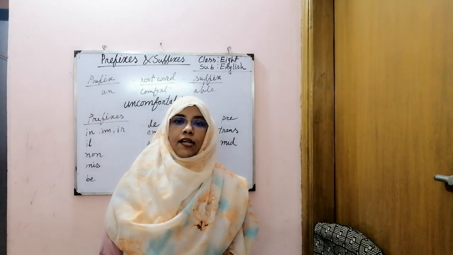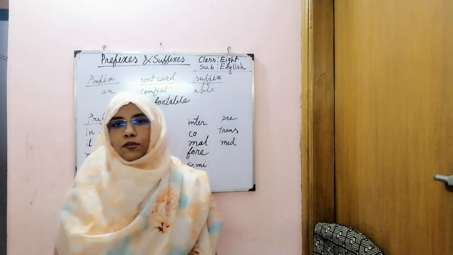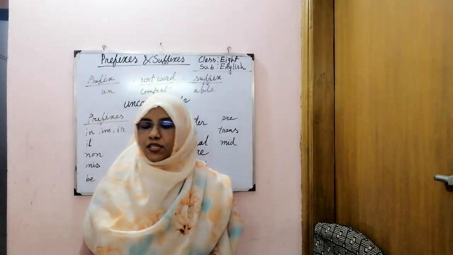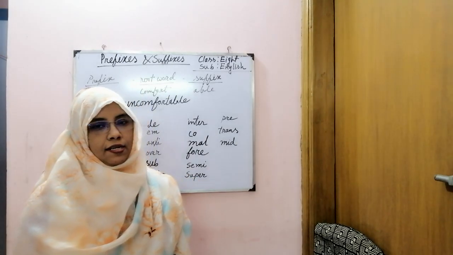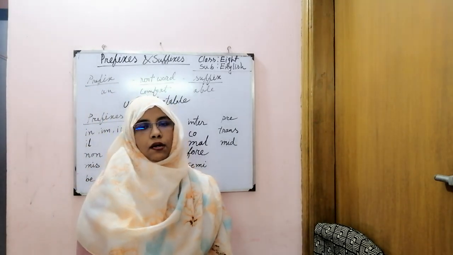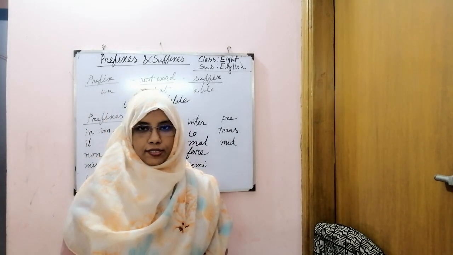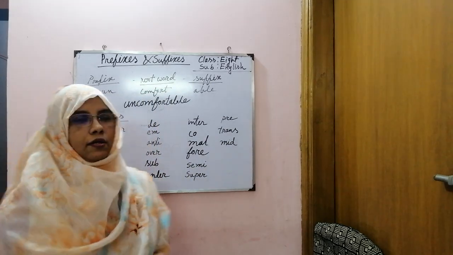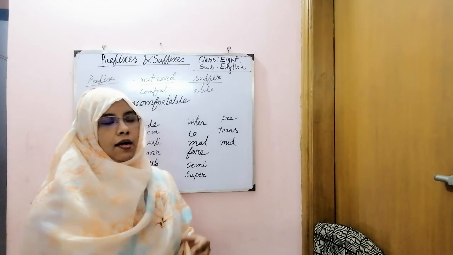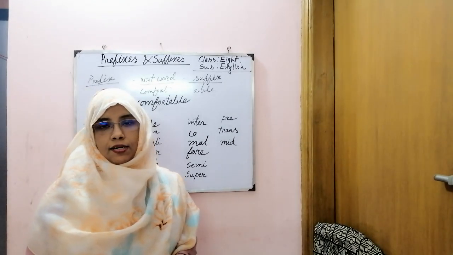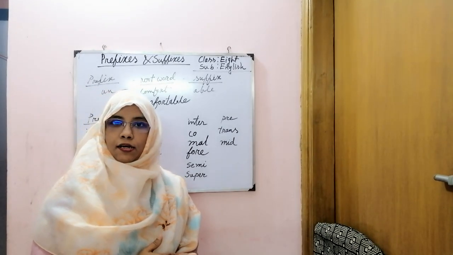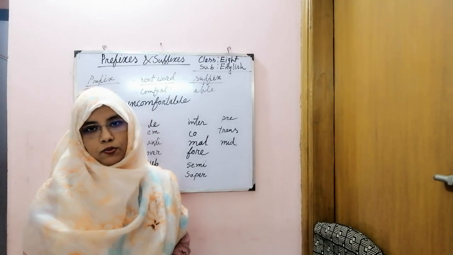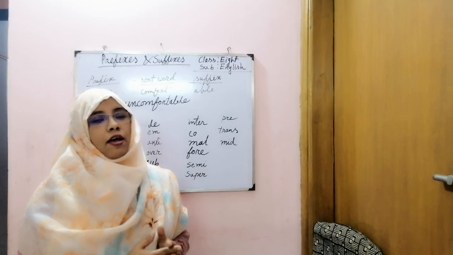Dear learners, in our last class, we discussed prefixes and suffixes. We came to know the definition of affix, prefix and suffix, and what prefixes and suffixes are. We learned that a letter or a group of letters that sits before a root word or at the back of a root word is called an affix.